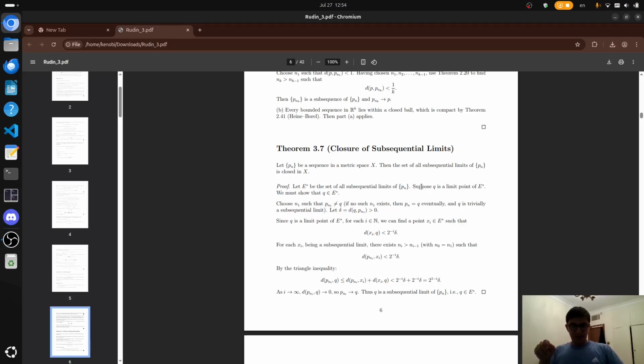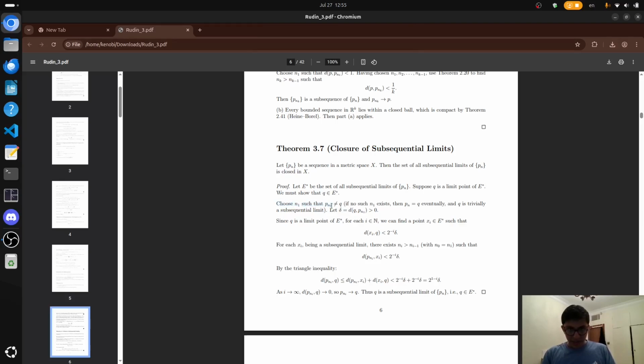And you can take the distance between that and Q to be less than some distance epsilon, and you can choose other points. Okay, let's read the proof and then I'll try to explain the strategy later.